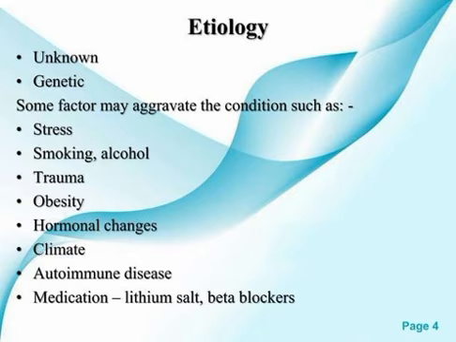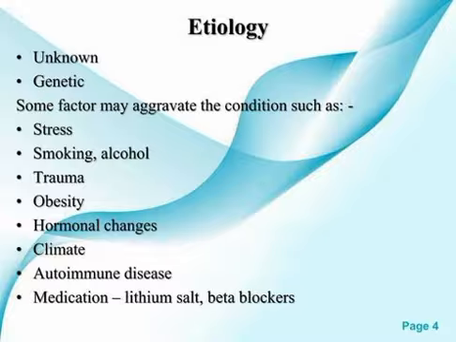Usually the etiology of psoriasis is unknown, but sometimes it may be caused by genetic factors. Some factors may also aggravate the condition of psoriasis, like stress, smoking, alcohol, trauma, obesity, hormonal changes, climate and autoimmune diseases.